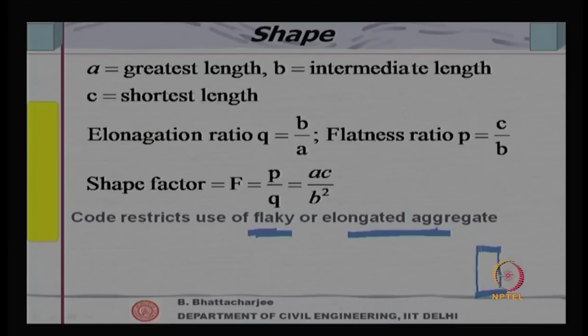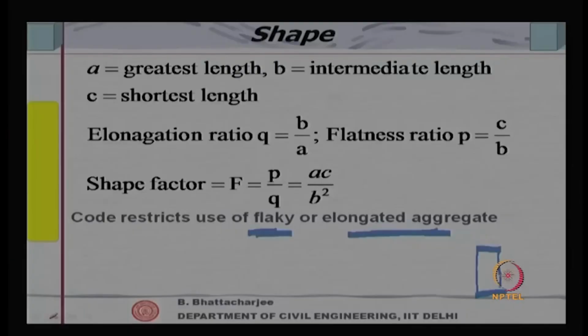Flaky aggregates, if you put them together, one plate over another, will tend to create weak joints in between. We want in fact random orientation, the aggregate should be embedded in paste. Here, an aggregate might be just over another aggregate and weak planes could be created. So, flaky or elongated aggregates are not desirable.